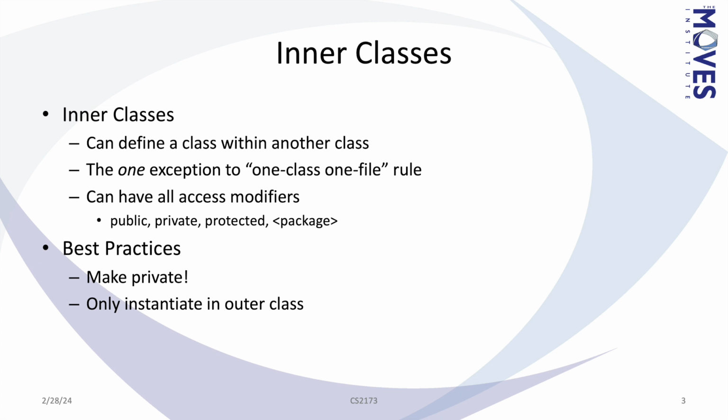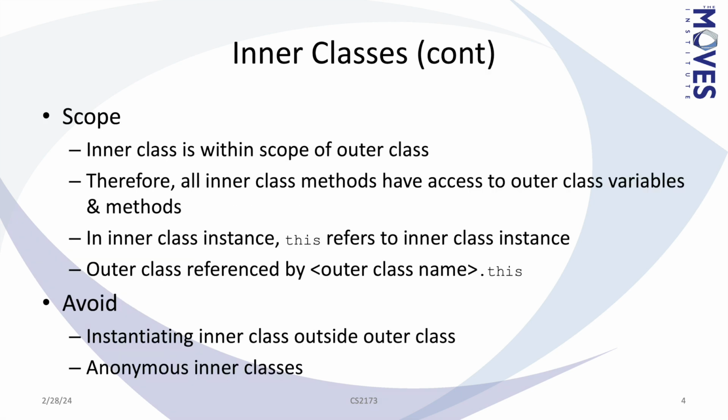And why? Because of the scope. The whole inner class is within the scope of the outer class, and so all inner class methods have access to the outer class variables, both instance and method.